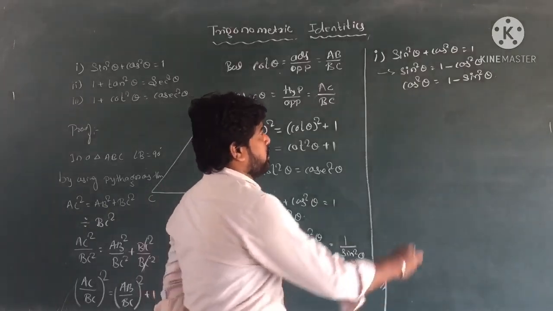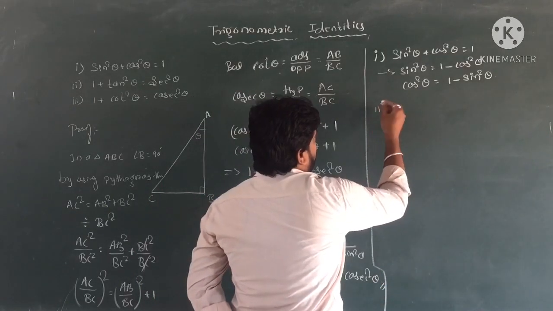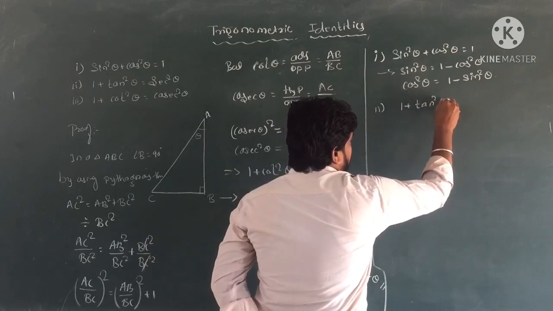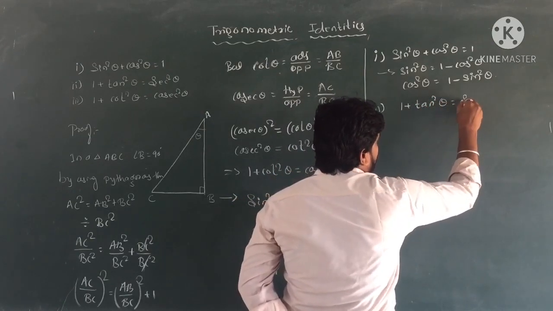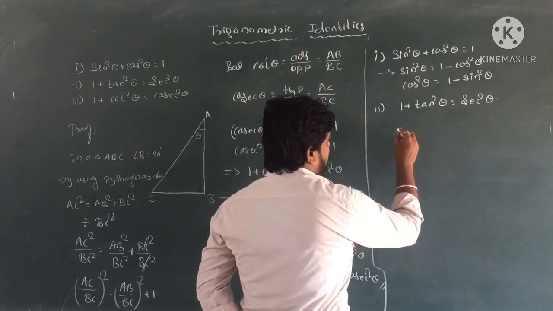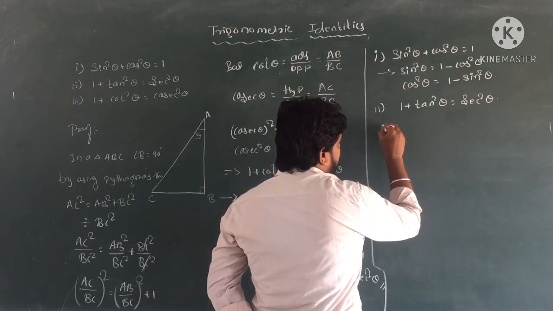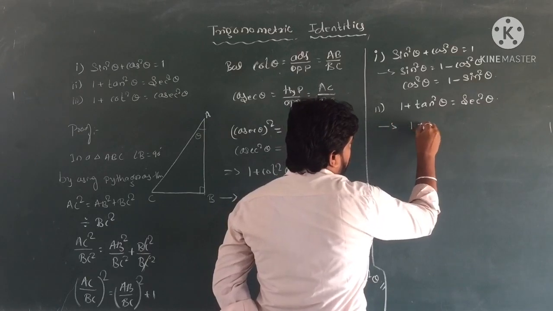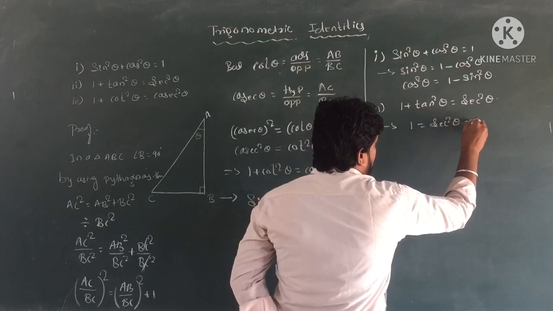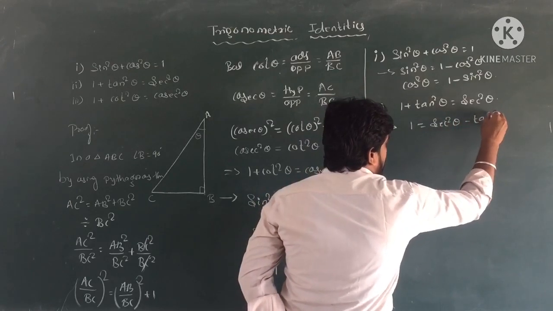Right? So next, second one, what is the second one? 1 plus tan square theta is equal to sec square theta. So this one we can write 1 is equal to sec square theta minus tan square theta.